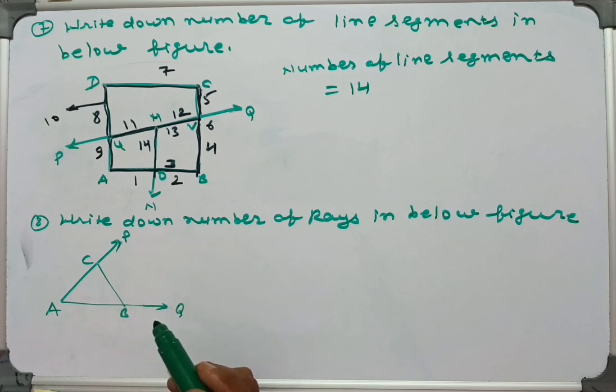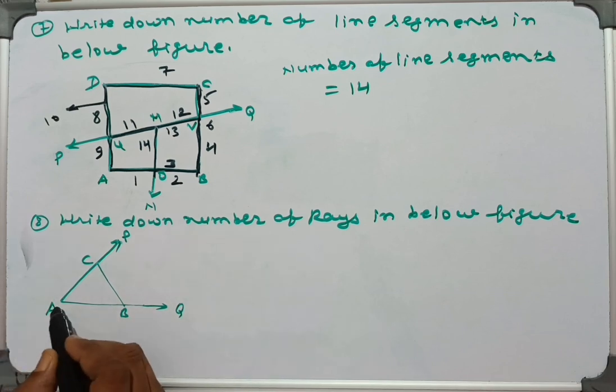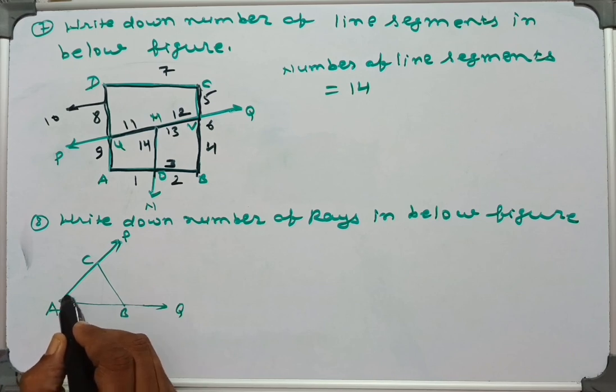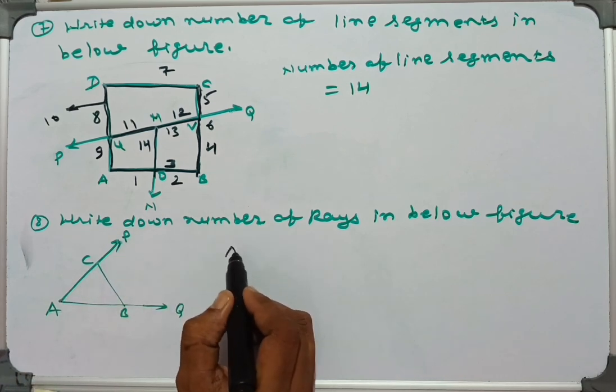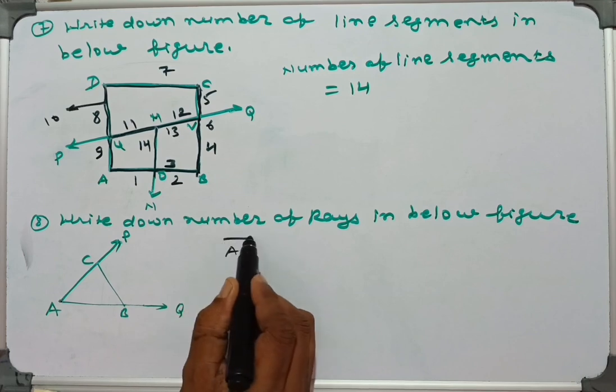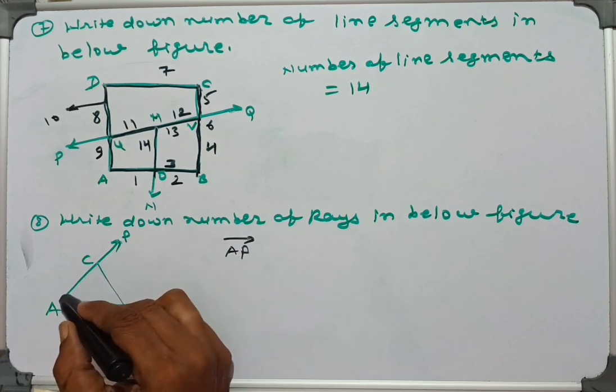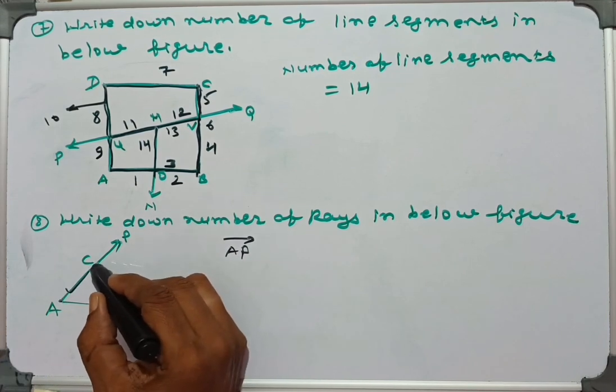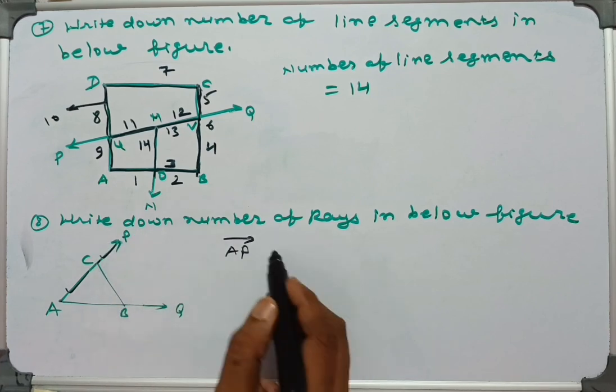So as per the definition, you know in a ray one point is fixed. So which one is a ray? Here, say AP is a ray, and this one is the first one. Then CP is also a ray.